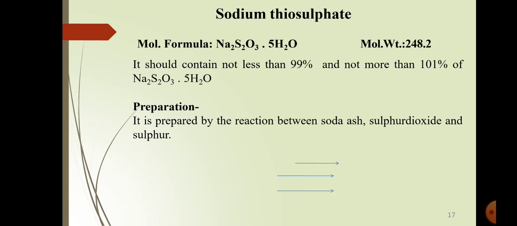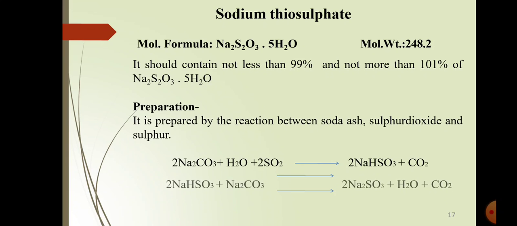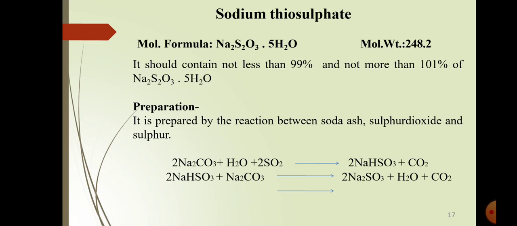Preparation. It is prepared by the reaction between soda ash, sulphur dioxide and sulphur. Here are the reactions which are involved in the preparation of sodium thiosulphate from soda ash, sulphur dioxide and sulphur.